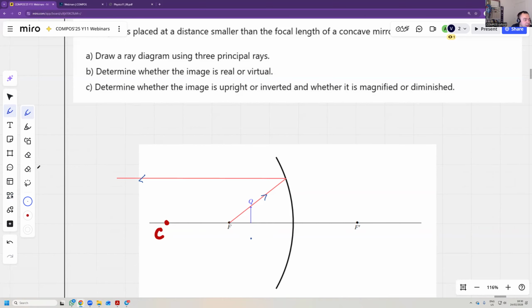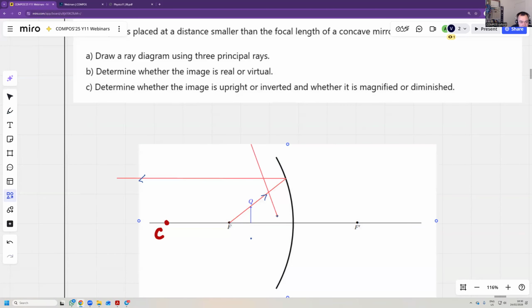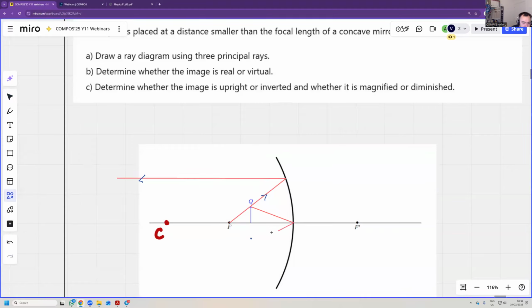Right, so the second ray goes from Q and then through this one.